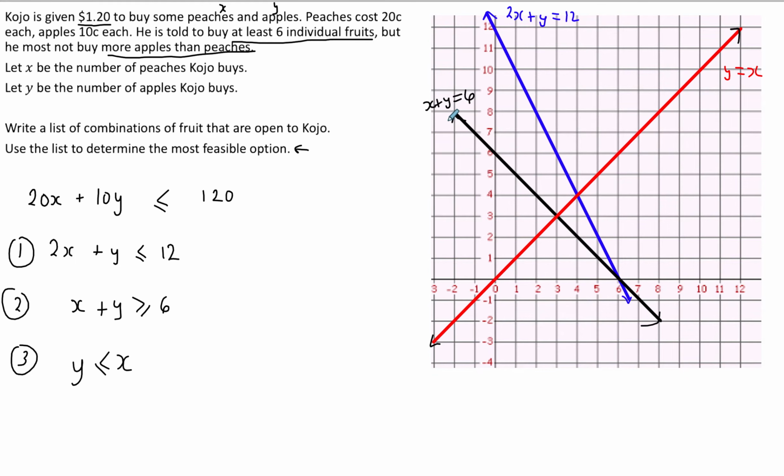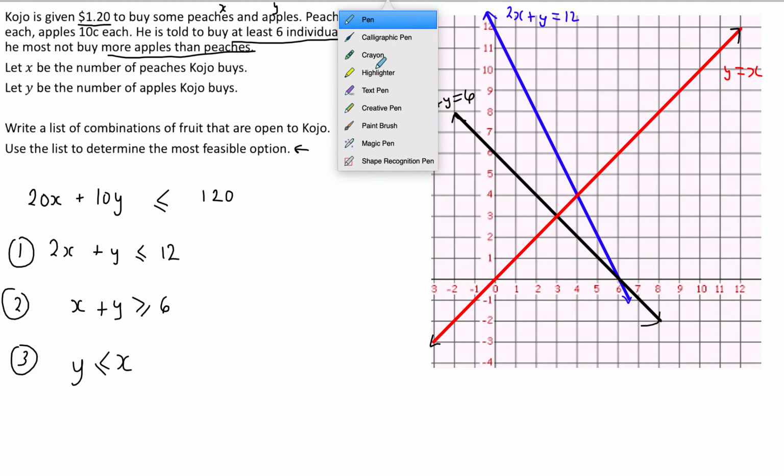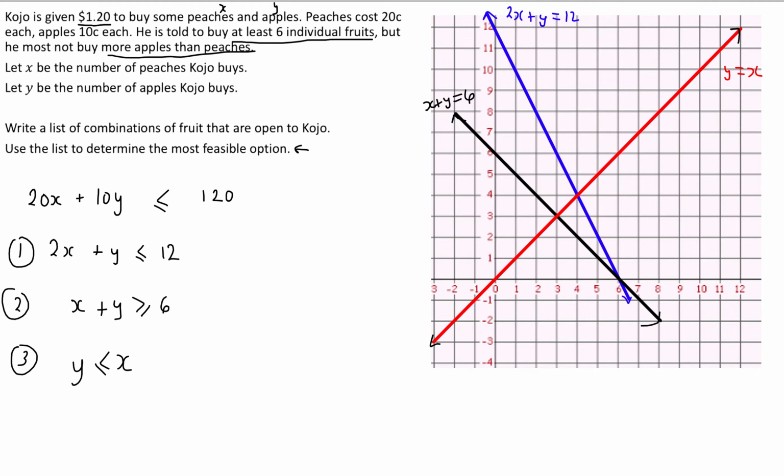So now that I've graphed the different parts, I'm going to start shading the regions I don't want, and I'm just going to use one color for the shading. For 2x plus y less than 12, the region I don't want is this region, so anything beyond this line I do not need.